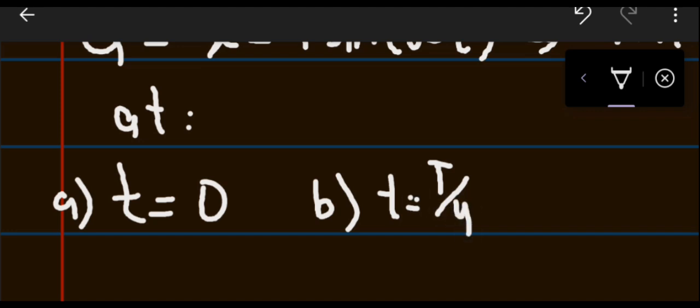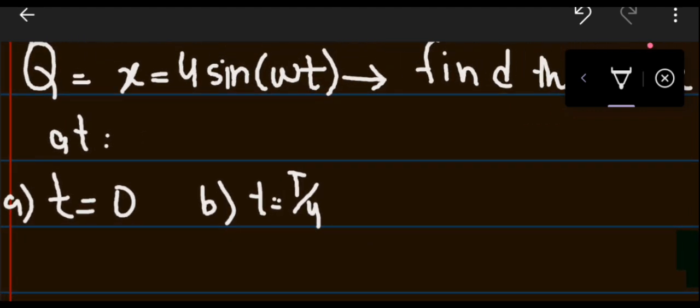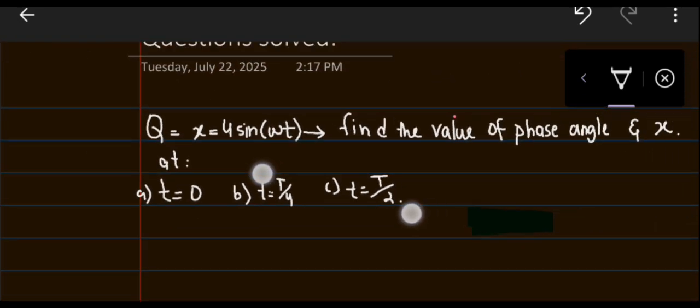You have to solve each using a different time. The third time is T by 2. So yeah, three are enough.